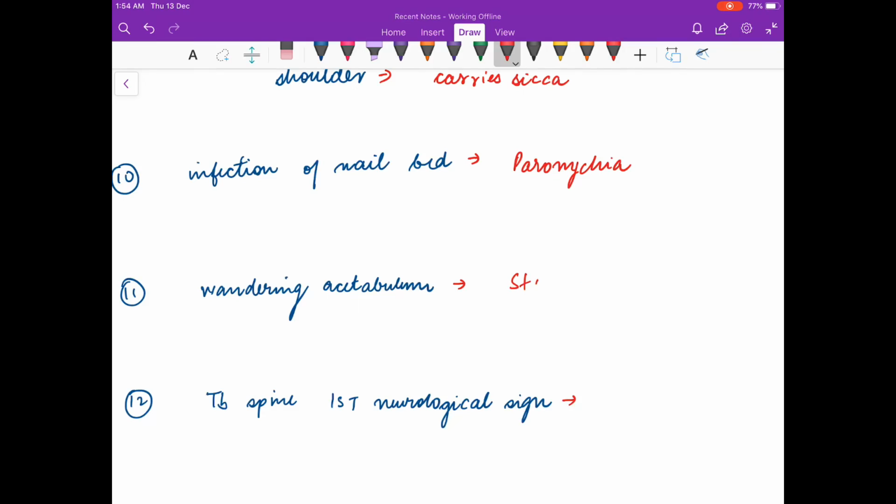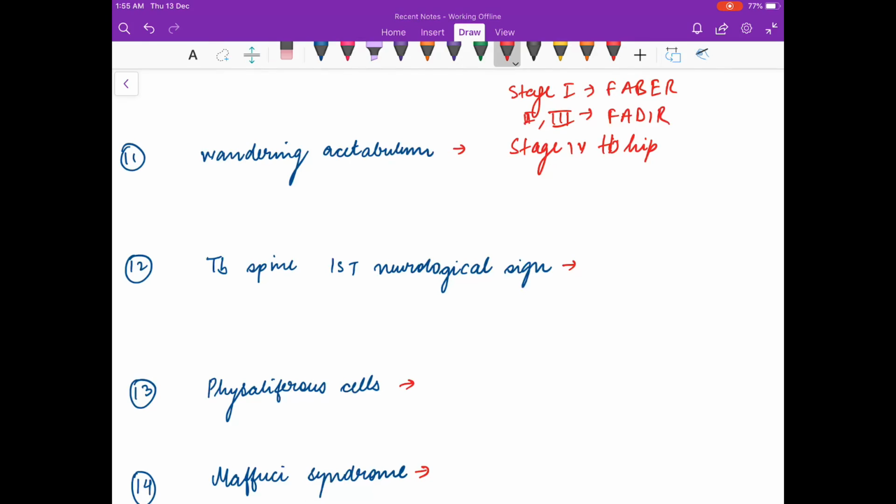Wandering acetabulum is seen in stage 4 of TB hip. In stage 1 you see Faber deformity. In stage 2 and 3 you see Faber deformity.